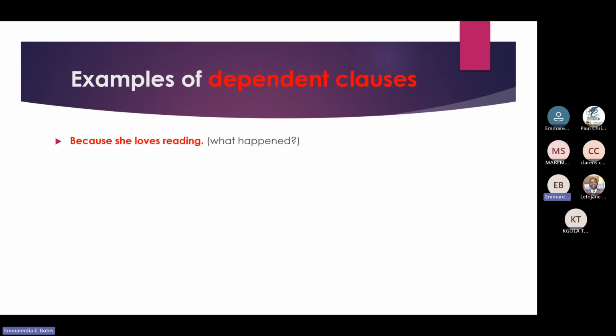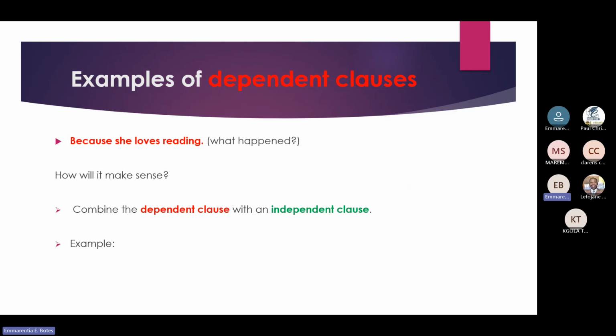Because she loves reading. So what happened? You are thinking now, because she loves reading, you can hear you need more information. This cannot stand on its own. You cannot have a conversation like this because you don't understand what is being said. So how will it make sense? We combine the dependent clause with an independent clause.